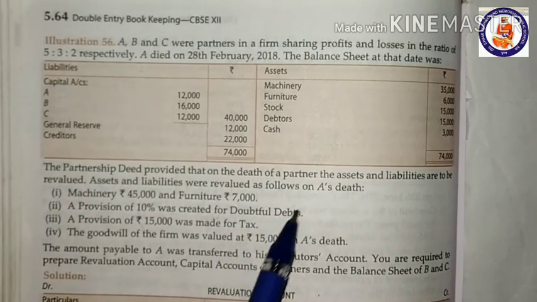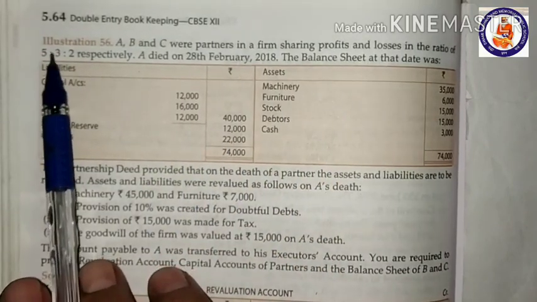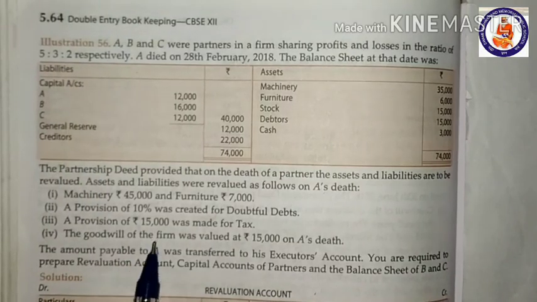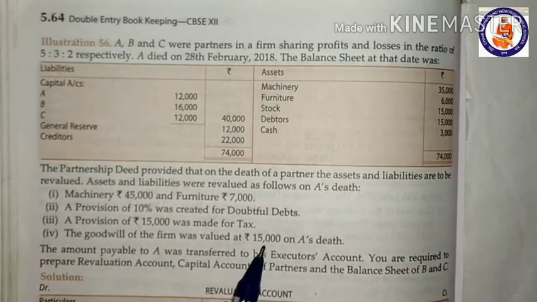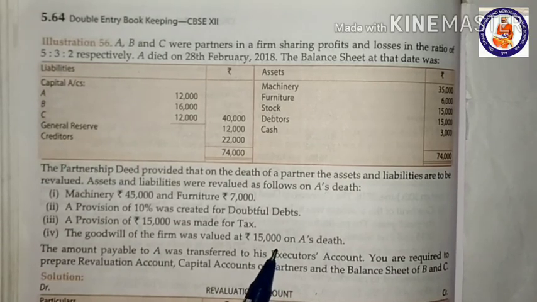A has died, so his share is 5 out of 10. Okay, half share is there. So 7,500 is the amount of goodwill to be given to him.